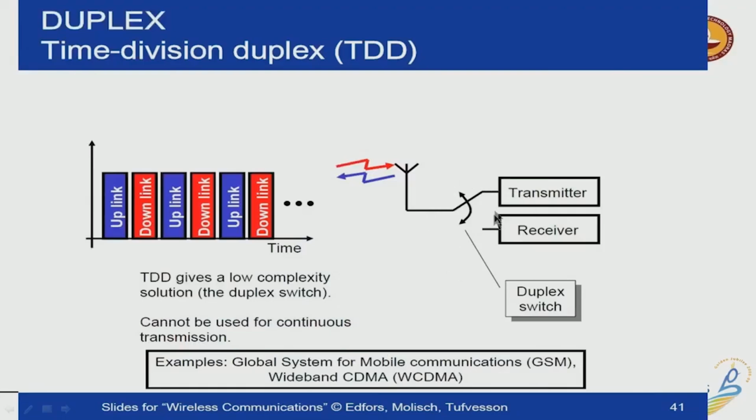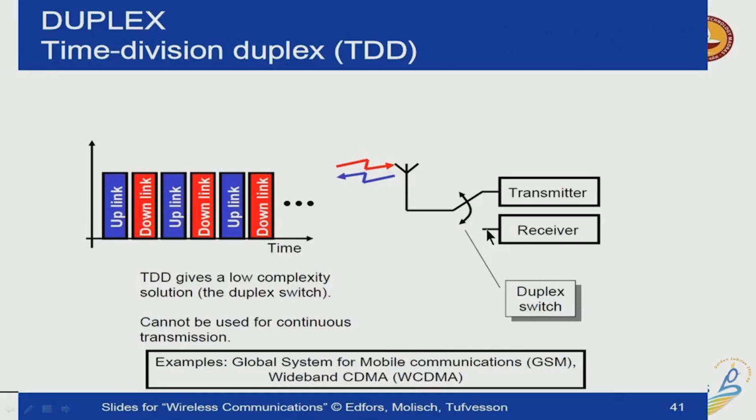In such a system the structure is different. We don't need a duplex filter because the transmission and reception are happening on the same frequency, and this is what we see in a TDD system. An example of a TDD system is the wideband CDMA version, which has a TDD version of it.